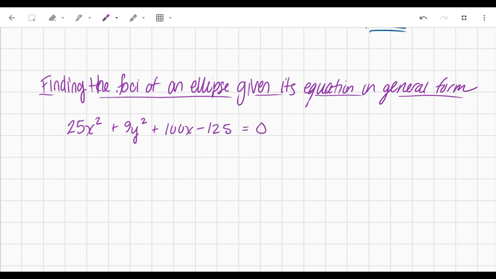If you remember, the first thing we want to do is group our x's and y's. This one's a little bit different in that there is nothing to go with the y. We're not going to have to complete the square for it, so that's nice. We factor out the 25 from the x terms.